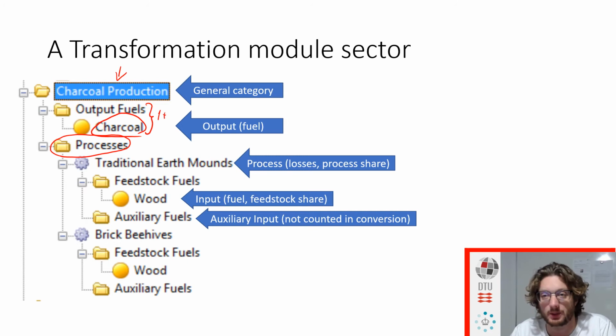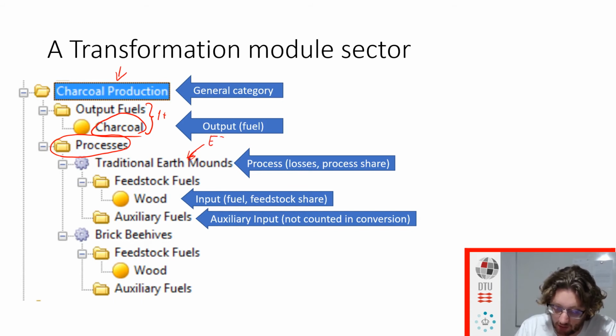But here you can see we have a process, and this process is also where we define the energy efficiency or losses, depending on what we do. We also define some of the capacities of the specific technology we have, which does have a larger impact later on.